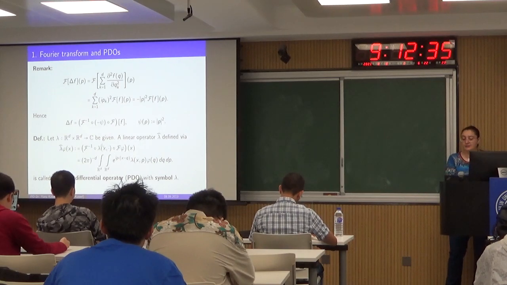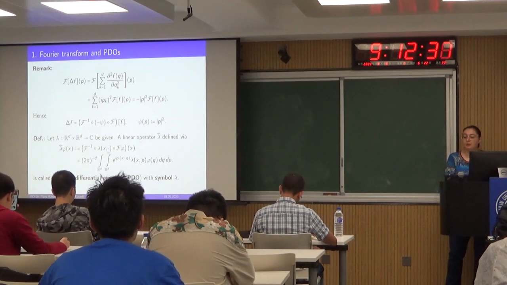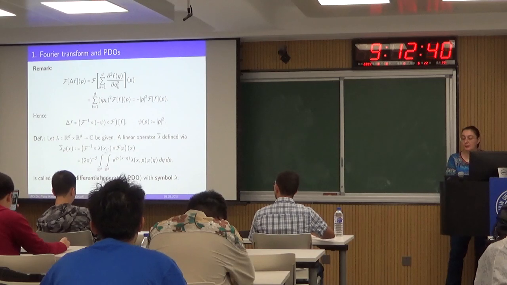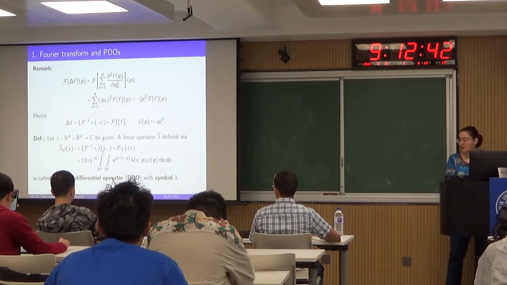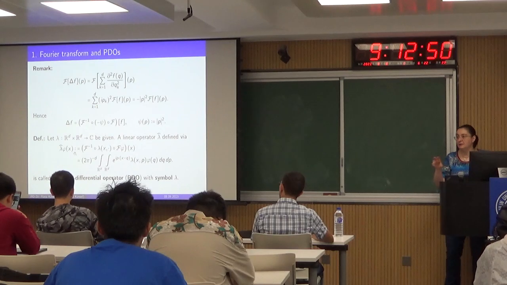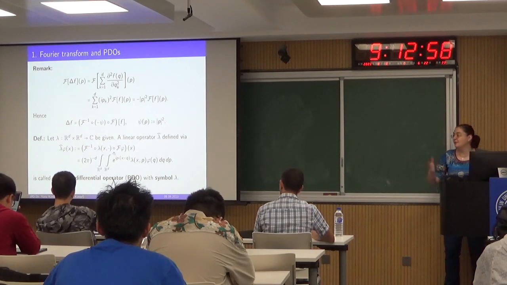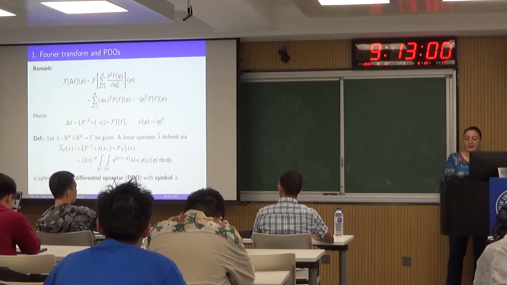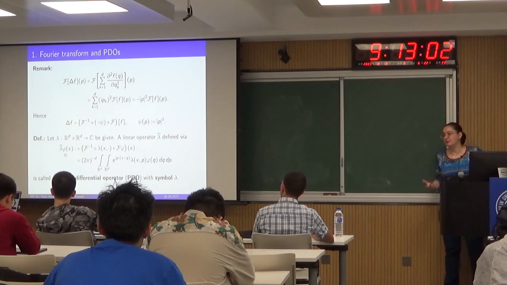If my lambda is a polynomial with respect to p with coefficients which depend on x, then this operator will be just a differential operator with variable coefficients depending on x. But if my lambda is not a polynomial with respect to p, say an exponential function or a sine function, whatever, then this is really a pseudo-differential operator.